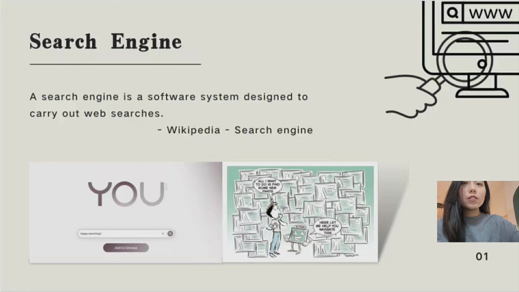A search engine can be used to retrieve a variety of information on the web. This concept should be familiar to everyone. Google, Bing, and Baidu are all popular search engines. In fact, a search engine is a comprehensive project.